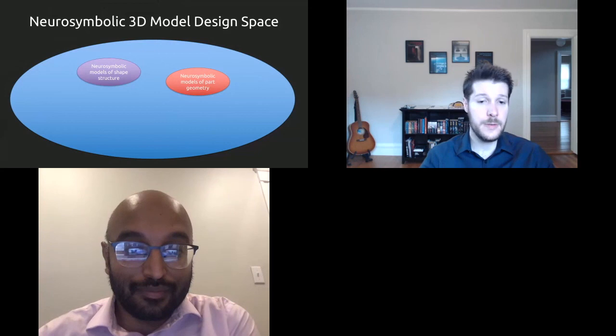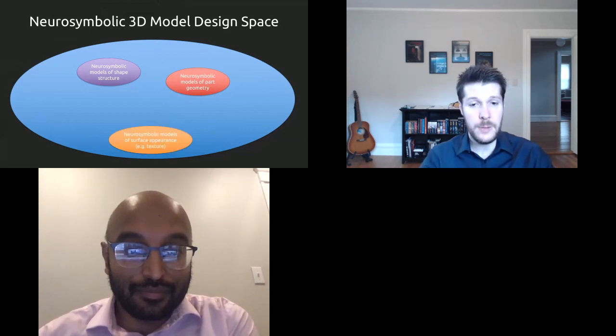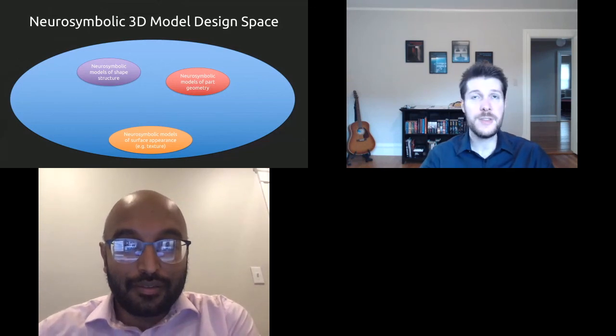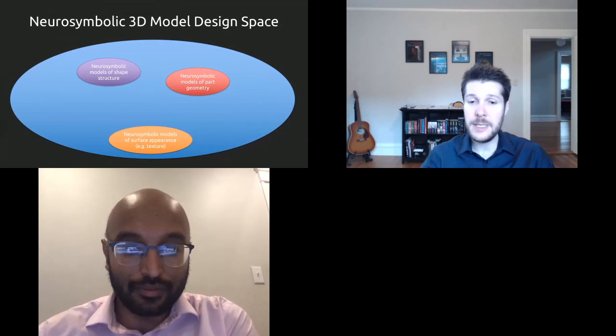And then you can look beyond just geometry and start talking about surface appearance, the surface texture of an object. And there are definitely really powerful procedural representations of texture for defining regular patterns, things that look like noise, wood textures, things like that can all be represented procedurally.